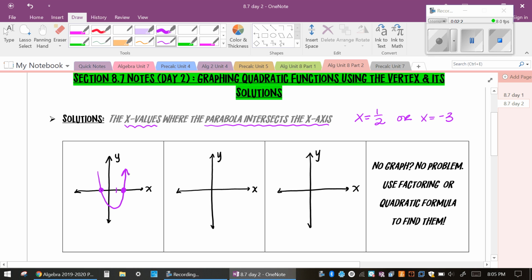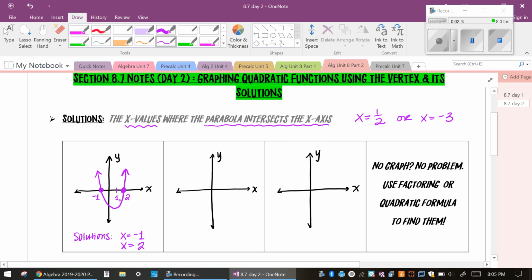It could also open down. That part doesn't matter. What matters is how many times it touches the x-axis. Since it hits the x-axis at -1 and at 2, your solutions are x equals -1 and x equals 2.